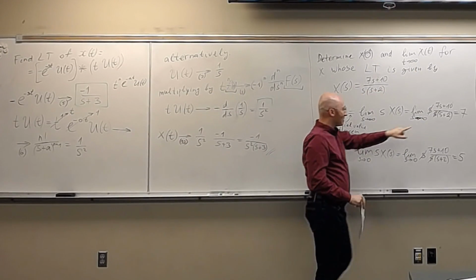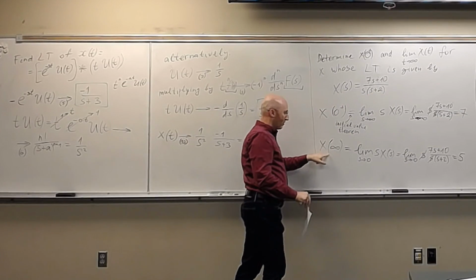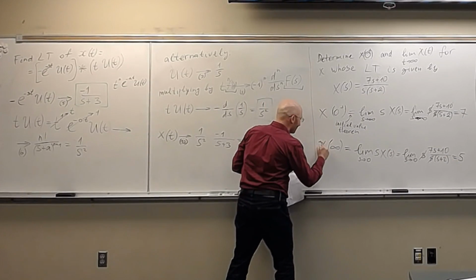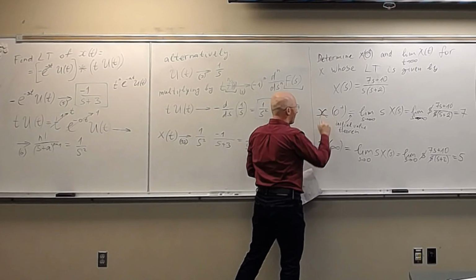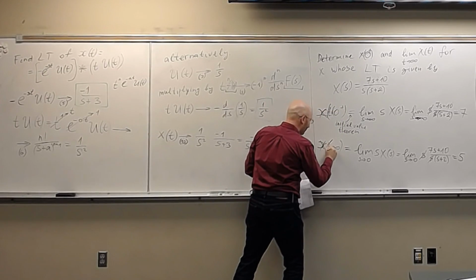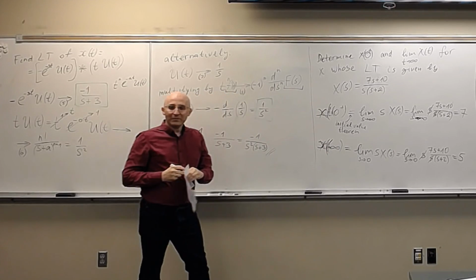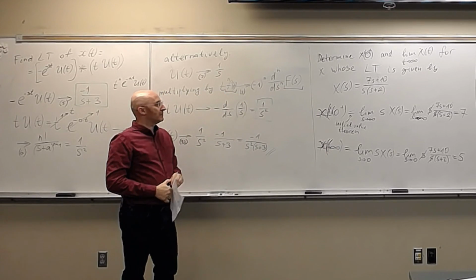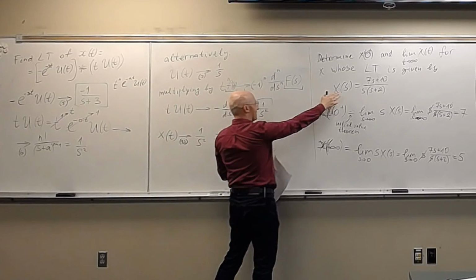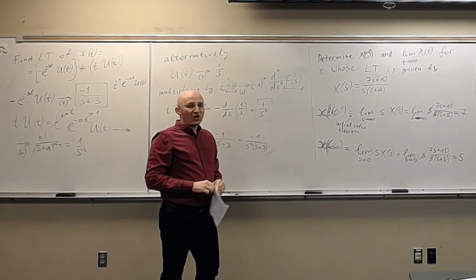That this one equals this one and this one equals this one. And those are small x's, those are x in time. Okay. t equals 0 and t goes to infinity. Calculate or find the inverse Laplace transform. Okay, so you need to calculate the inverse Laplace transform of that thing. And you can check that directly.